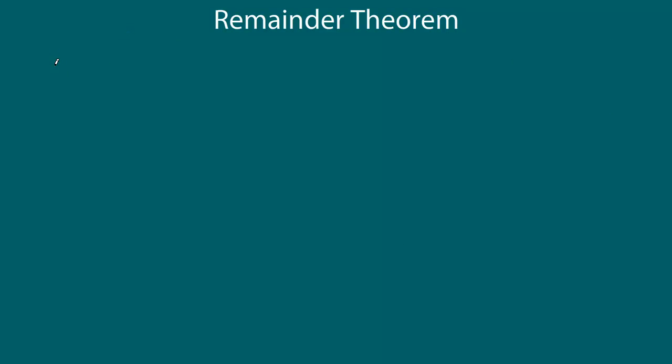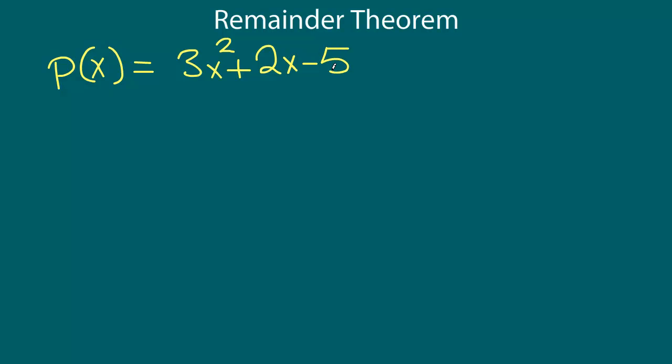This time, let's say our polynomial p(x) is maybe something like 3x squared plus 2x minus 5. So let's say our polynomial is this, and we want to divide this by the polynomial, let's say maybe 3x minus 5.